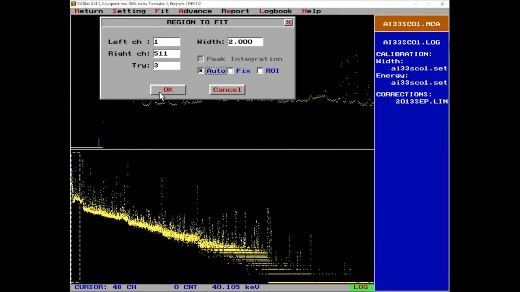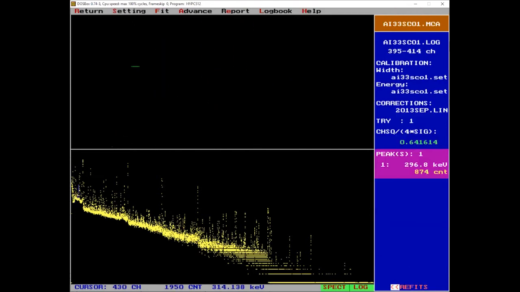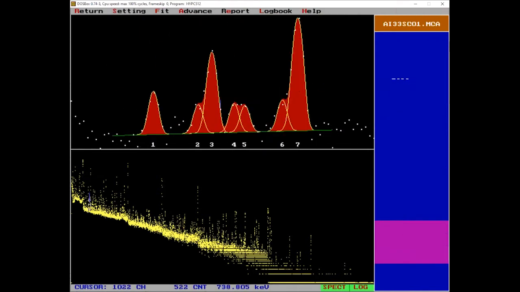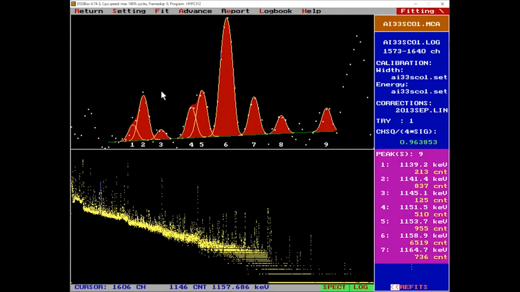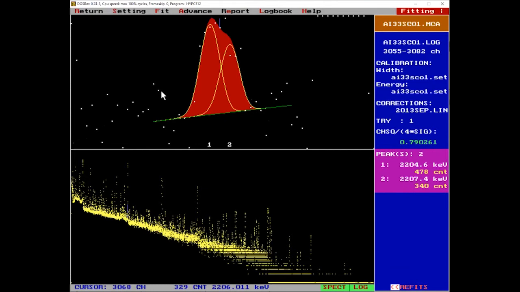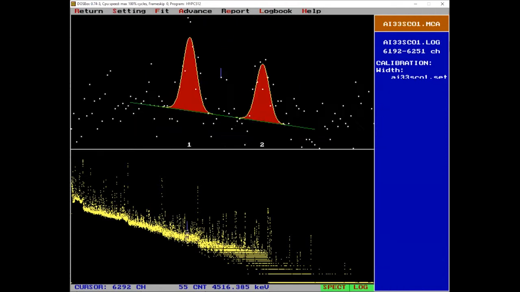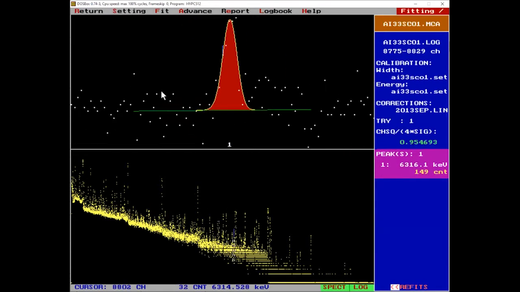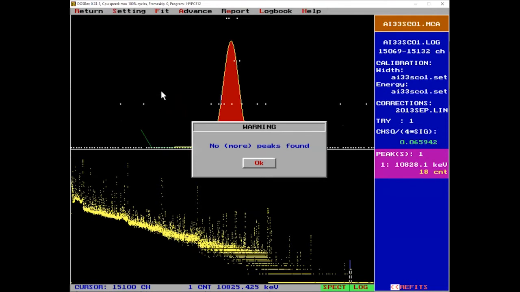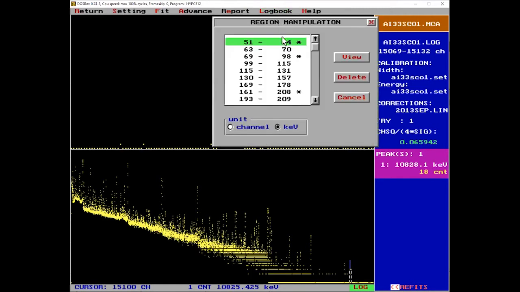And the program will first try to do its best, and then afterwards we have to improve it. So this automatic fitting stage takes about 1-2 minutes, depending on the complexity of the spectrum. And then it's done.